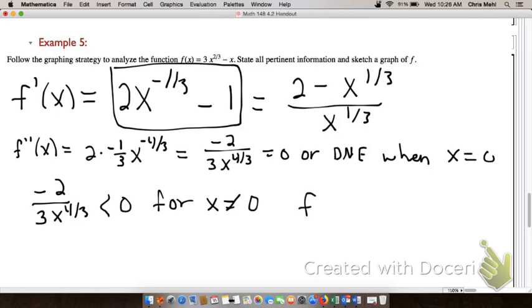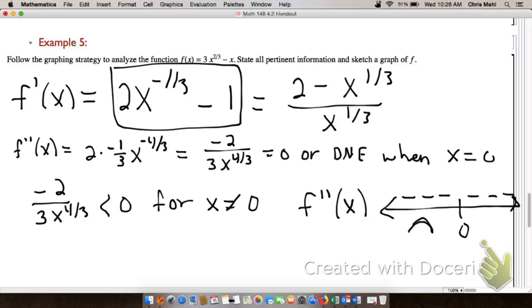So even if I was to make our typical number line for the second derivative, put my partition number of 0 on there, you would see negative signs on both sides of 0, meaning, let me write it in words, we are concave down and concave down.